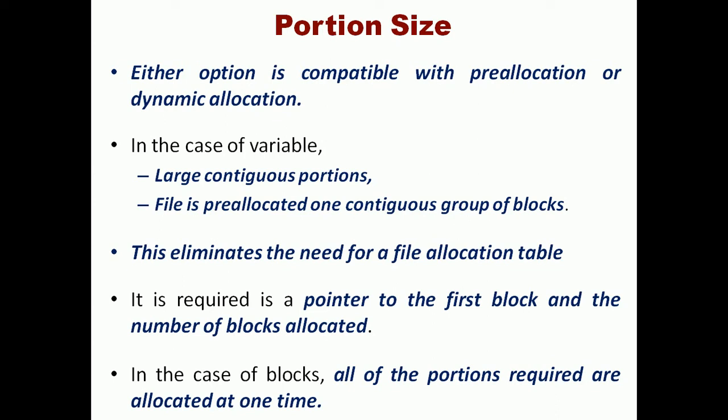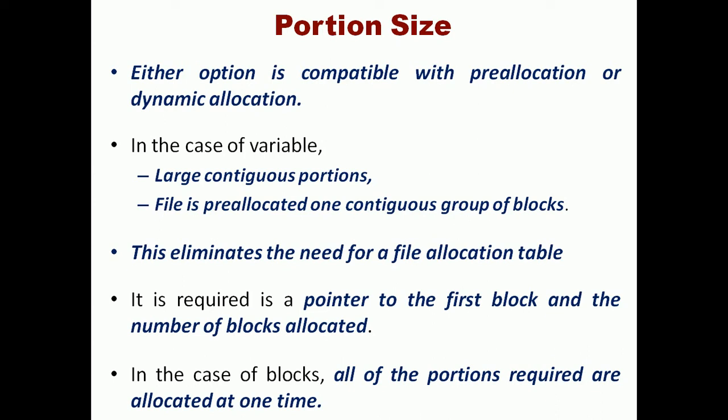Either the option is compatible with pre-allocation or dynamic allocation. Now this option, the variable size of a block, is compatible with pre-allocation as well as dynamic allocation. In the case of a variable size, we have a large contiguous block and the file is pre-allocated as one contiguous group of blocks.